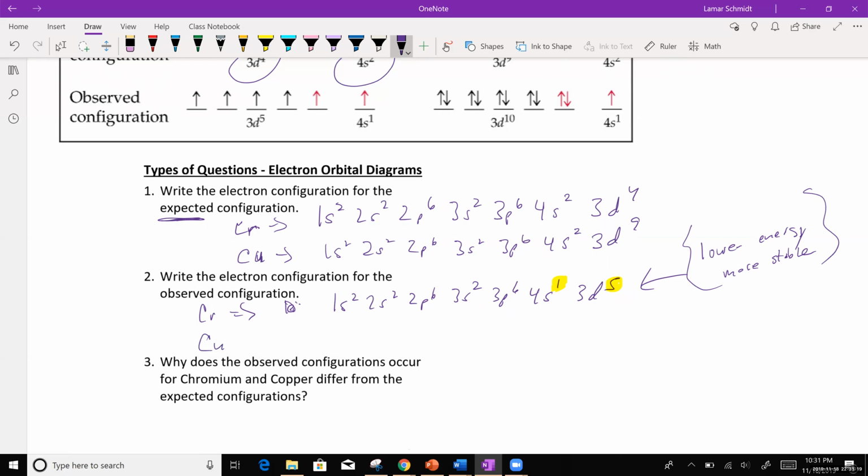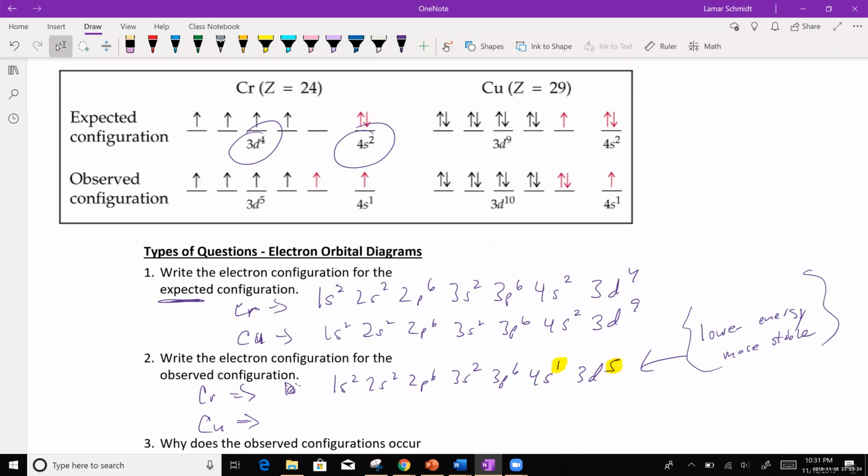It's more stable because if you look at our orbital diagram, this has a half filled orbital, which is said to have lower energy and be more stable. So that's what you're really looking at. And if you're looking at copper, you have 1s2, 2s2, 2p6, 3s2, 3p6, 4s1, 3d10.